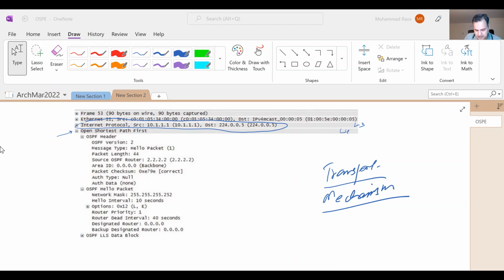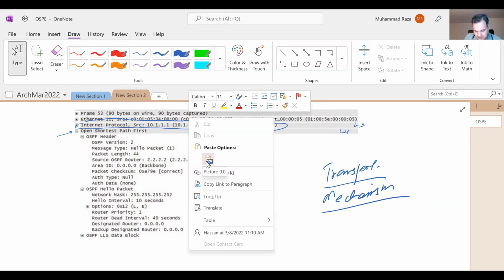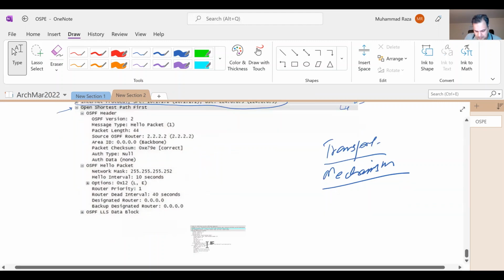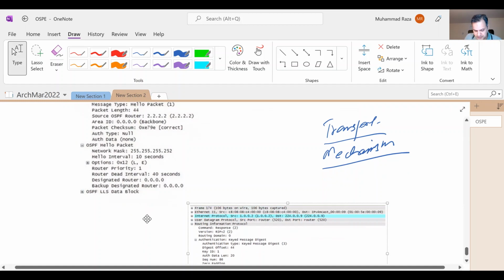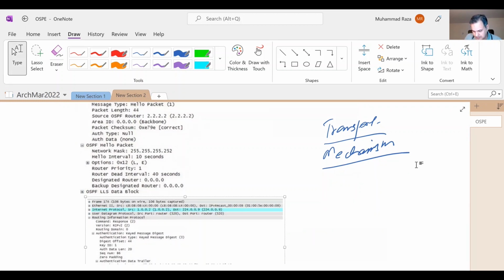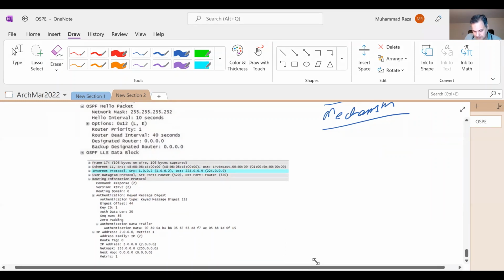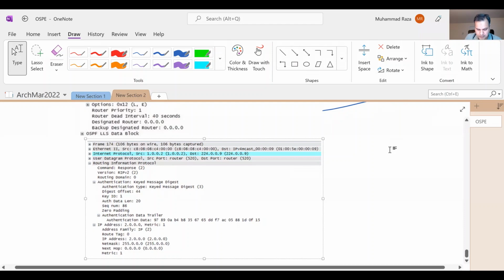You might have done that in your first course, right? So here I'm telling you RIP, right? You see the same role of L3.